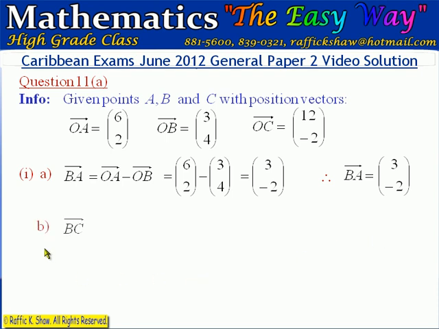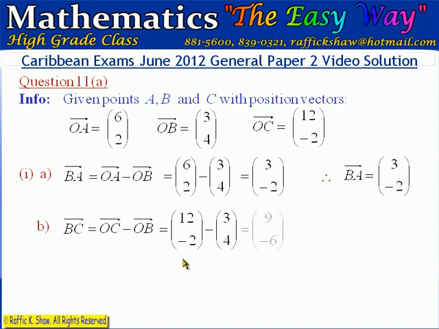Next, we're asked to calculate the displacement vector BC. The displacement vector BC is given by O times the last, which is OC, minus O times the first, which is OB. Vector BC is OC minus OB, and that is (12, -2) minus (3, 4).